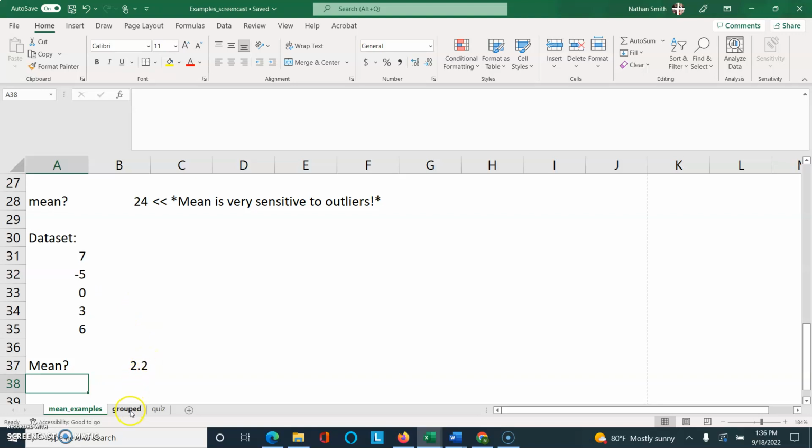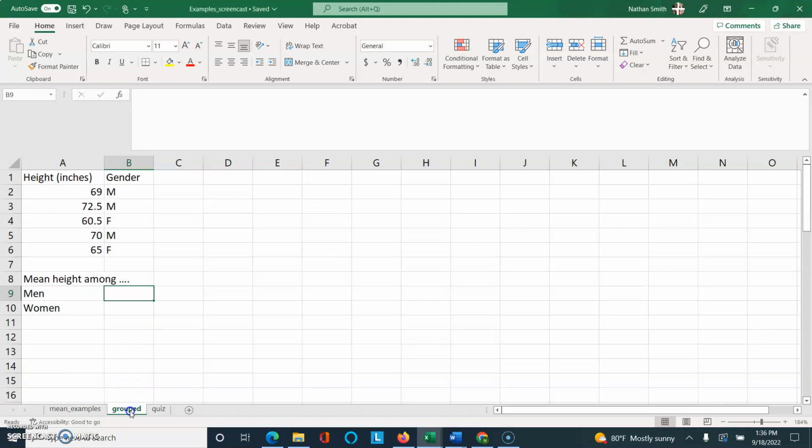Now let's take a look on the next tab. I have one other application of means. What you often do in a real life data set is you segment the data by some other characteristic. So here's a very simple data set, 5 total data points. I have the height of 5 people, and I also recorded the gender of these 5 people in this data set.